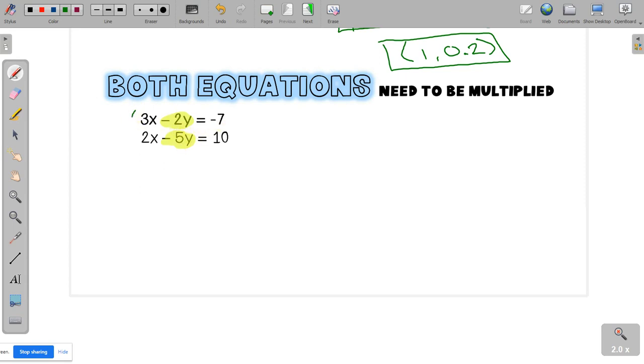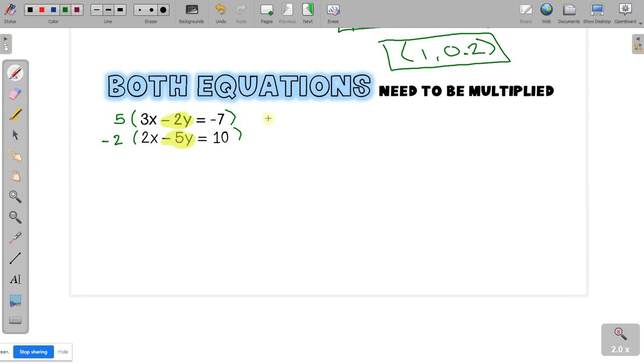So this top equation, we're going to multiply the whole thing by 5, because 5 times 2 gives us 10. And the bottom equation, we're going to multiply the whole thing by 2, because 2 times 5 gives us 10. We have a negative and a negative. We need opposite signs. So this bottom one, we're just going to multiply by -2 to get a negative and negative make a positive for that opposite sign.